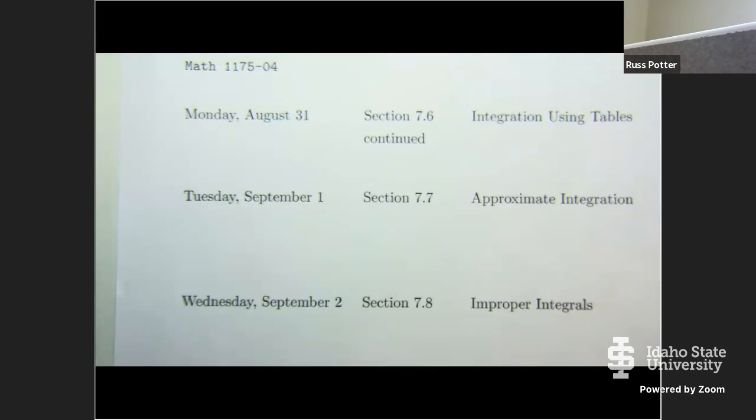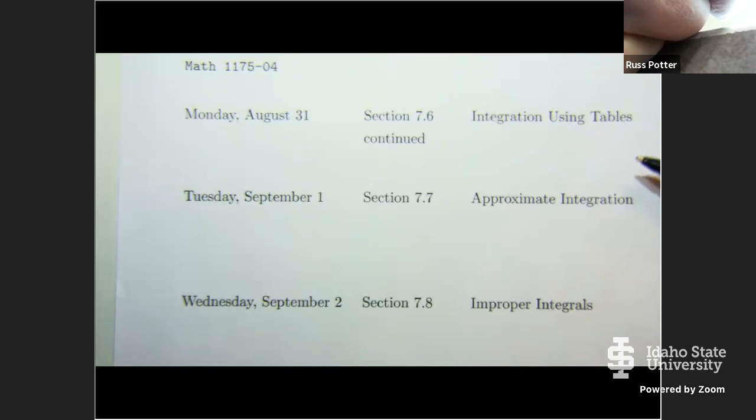We'll start in half a minute or so. Yeah, it's pretty close to 9 o'clock.